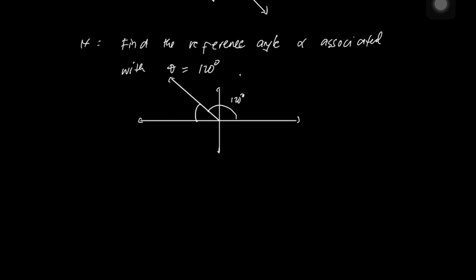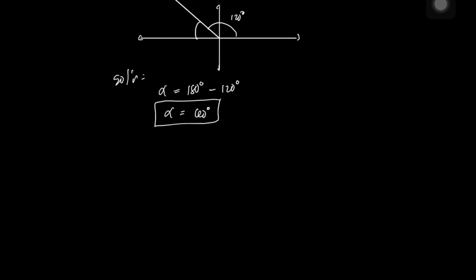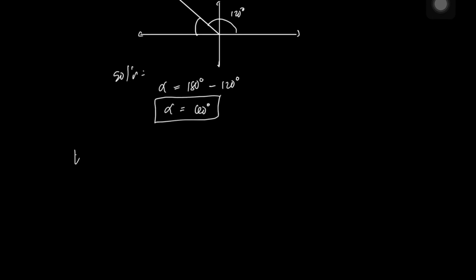So 180 degrees minus 120 degrees is 60 degrees. This is our reference angle. Next, we have an exercise set. Try to solve it on your own.